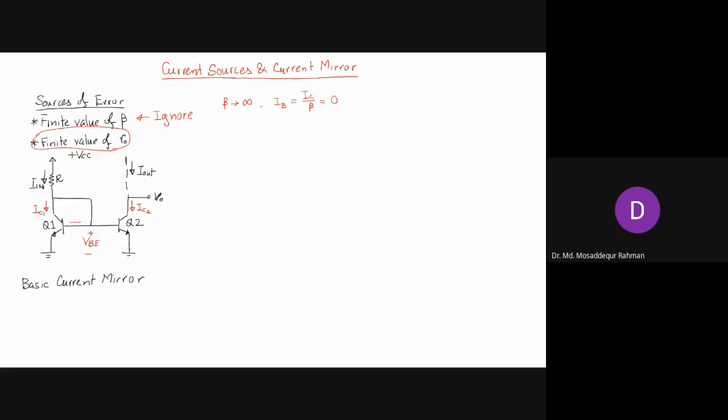So ignoring beta is the same as assuming the base currents to be 0, so that these currents are negligibly small, and IN is almost IC1.